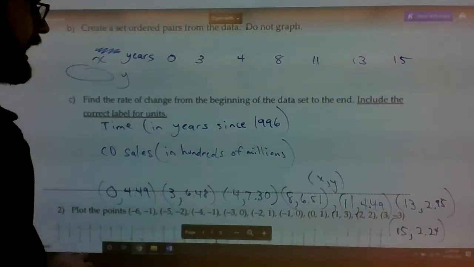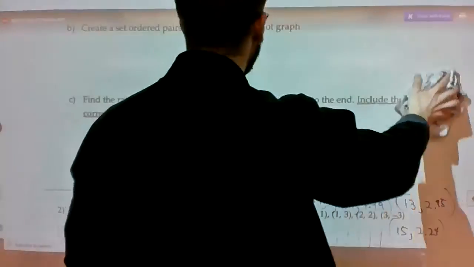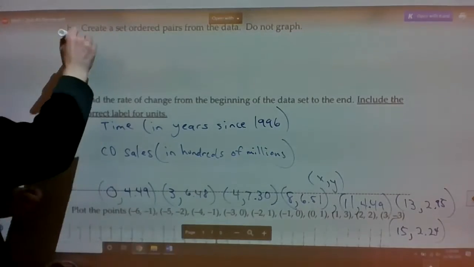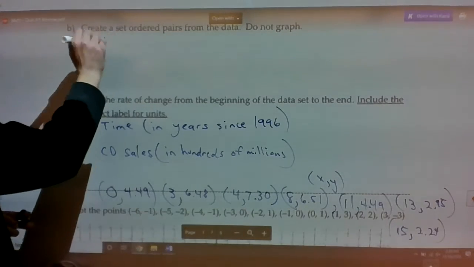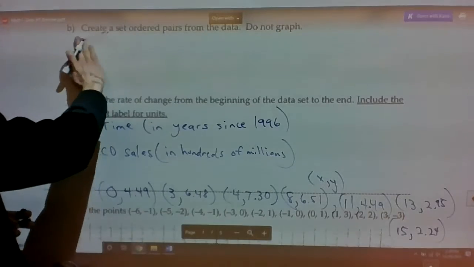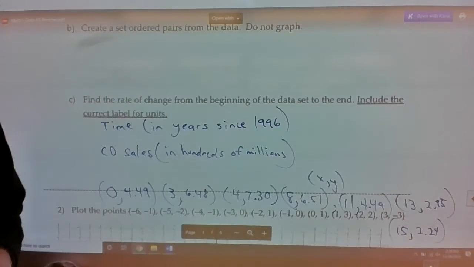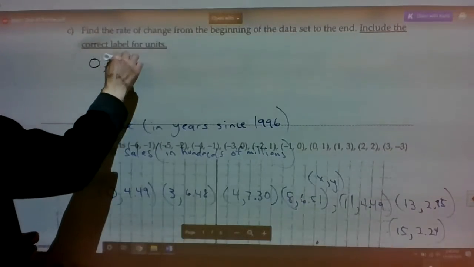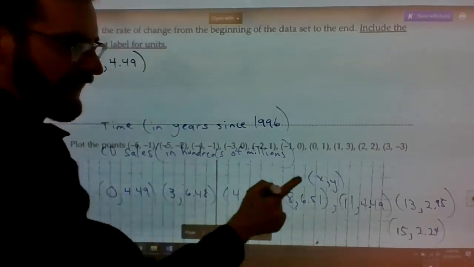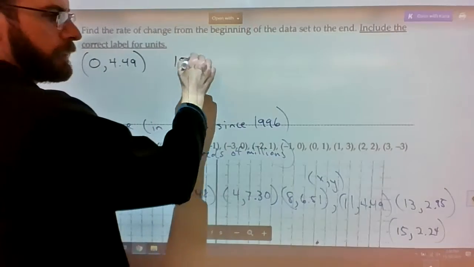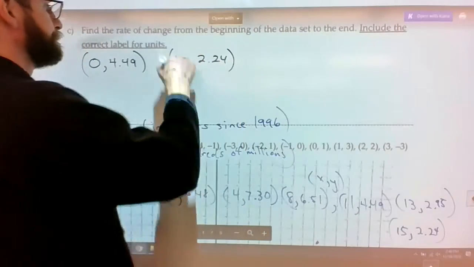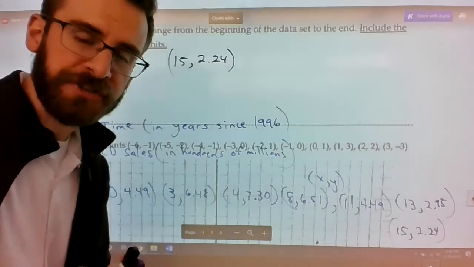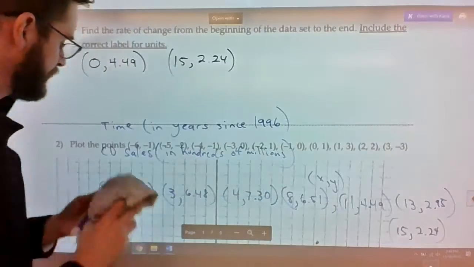Well, the only thing we really need is the first data point, which is 0, 4.49, and the last data point, which is 15, 2.24. Everything else doesn't really matter because we're just finding the entire data set's rate of change.